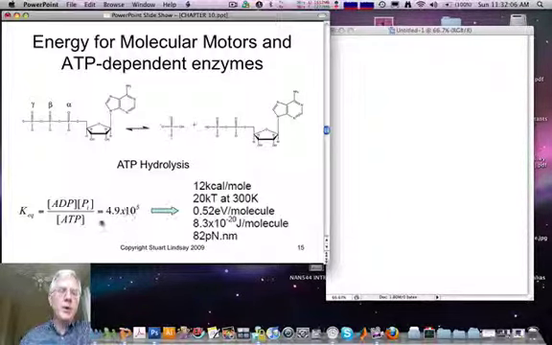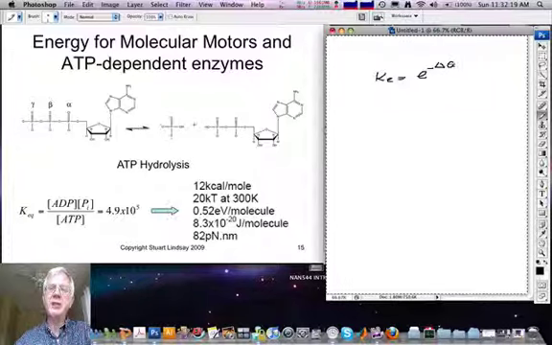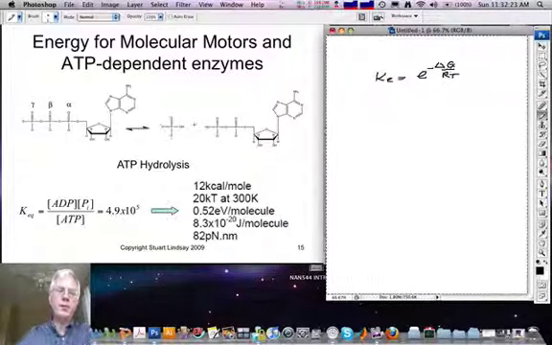Here is the equilibrium constant for this reaction, and from this equilibrium constant we can calculate a delta G for the reaction, and these are the numbers that I have put down here. You see that it's on the order of 20 times thermal energy at 300 Kelvin.